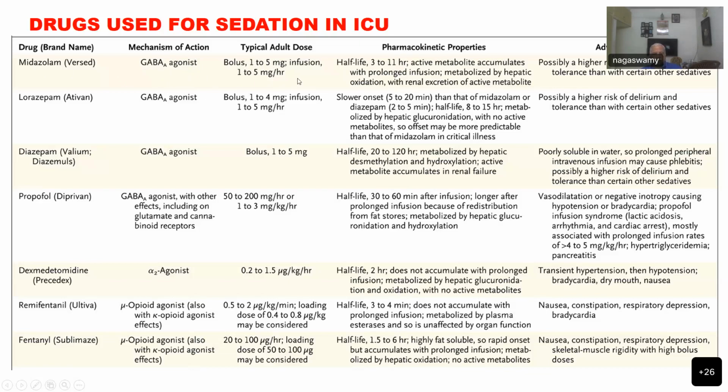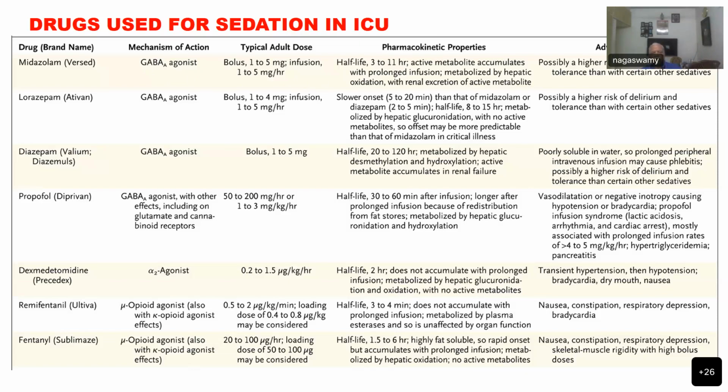The main thing is to try to lighten the sedation as much as possible so that we don't oversedate the patient. Similarly, if you are using neuromuscular blockade for patients who are on a ventilator, we try to reduce the dose or the infusion of NMB, neuromuscular blocking drugs also.